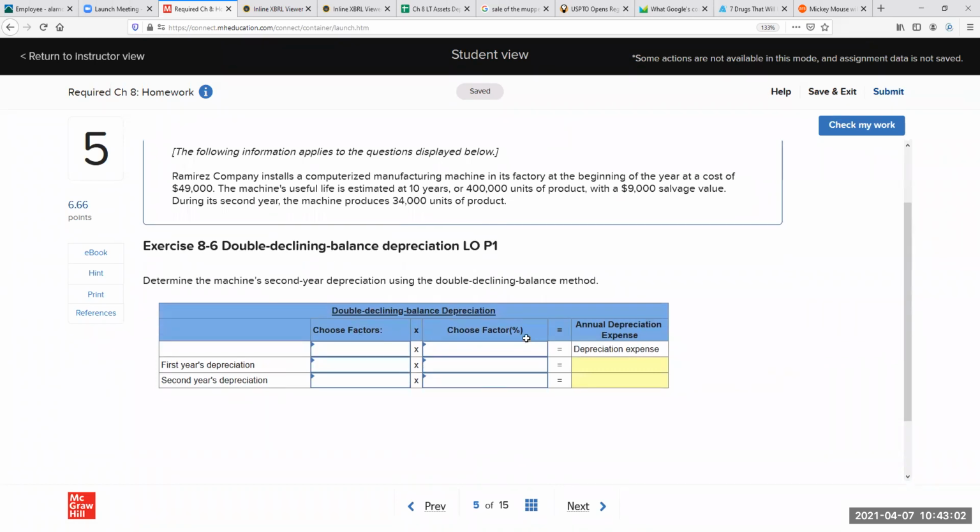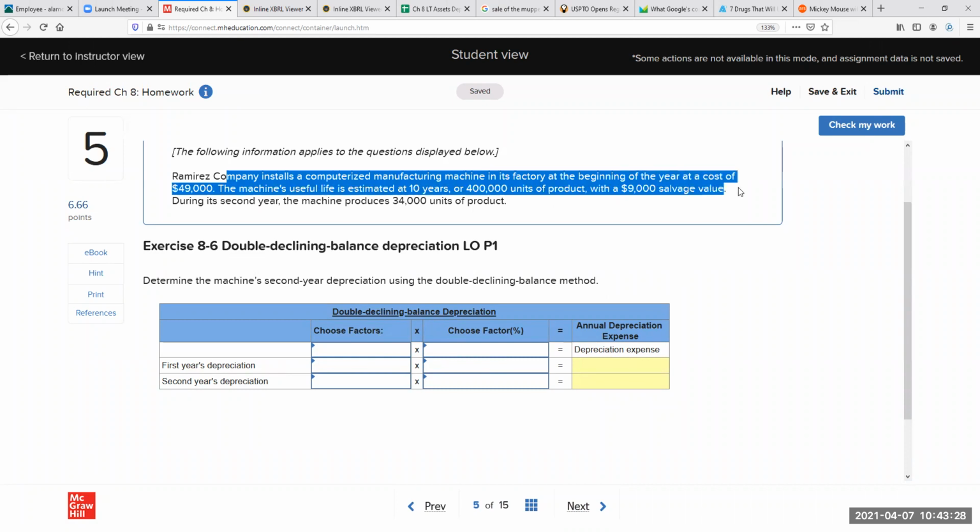Double declining balance. Install new machinery, cost 49,000, useful life 10 years. So what's the factor? Twice the 1/10. It produces 400,000 units with a salvage of 9,000, and during its second year it produces this. To determine the machine's second year depreciation, you use double declining balance. So when did it buy it? It installs the computerized machinery at the beginning of the year at a cost of 49,000.